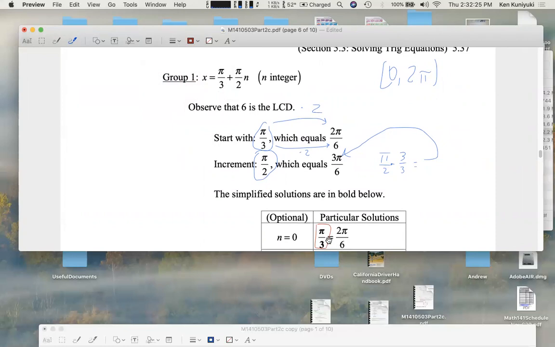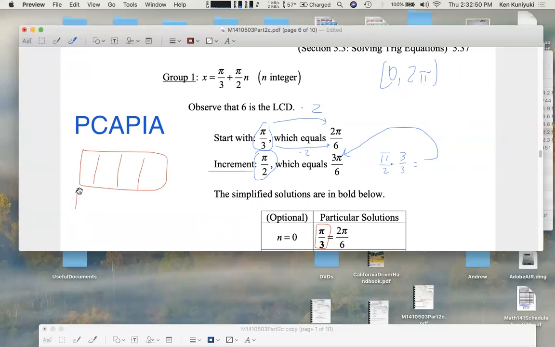All right. Now, the thing is, we're going to keep adding pi over 2. So for now, it's easier for us to reinterpret pi over 3 as 2 pi over 6. And we're going to keep adding. One reason why I call this the increment is that this is meant to have you recall Picapia from before. Remember in Picapia, the hardest part about a Picapia problem was finding the x or theta coordinates, right?